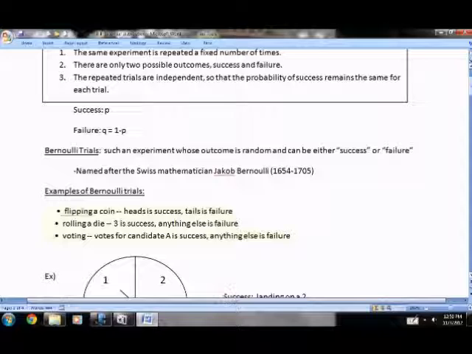These are what we call Bernoulli trials, because Jacob Bernoulli, who lived from 1654 to 1705, figured out a way to always find the probability very quickly when dealing with these types of problems.